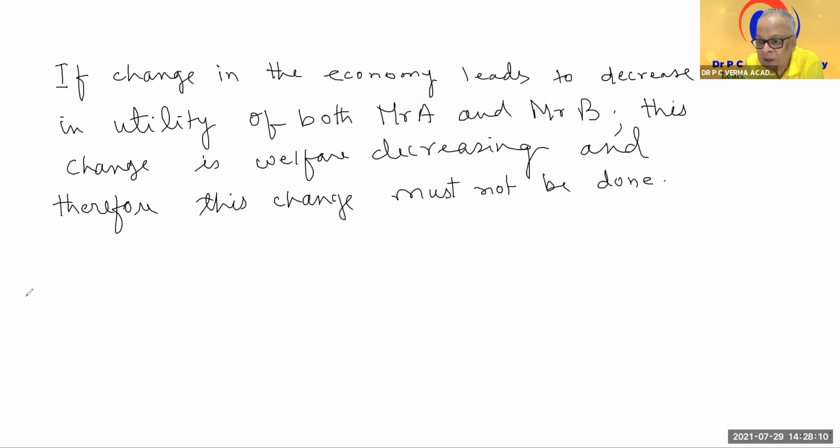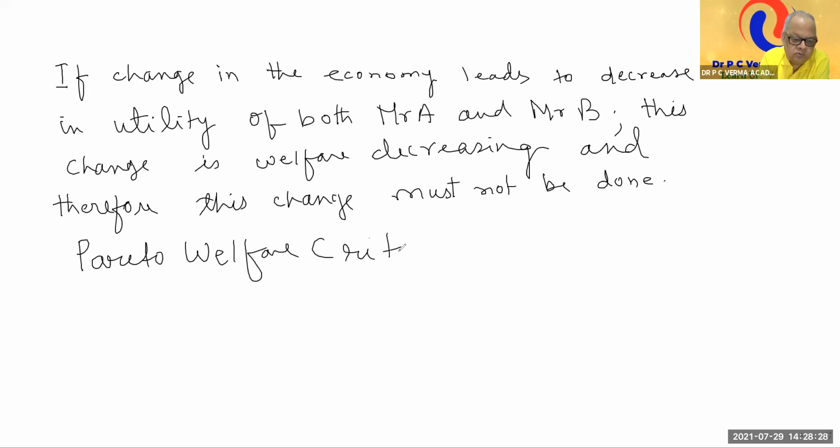Pareto thought the Pareto welfare criterion is purely ideal.